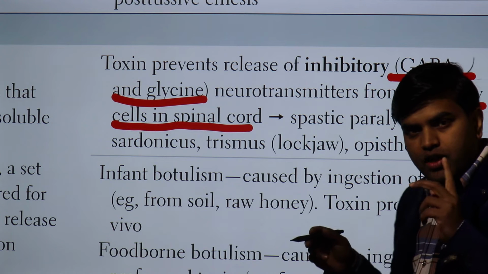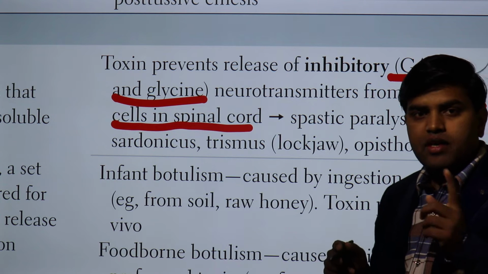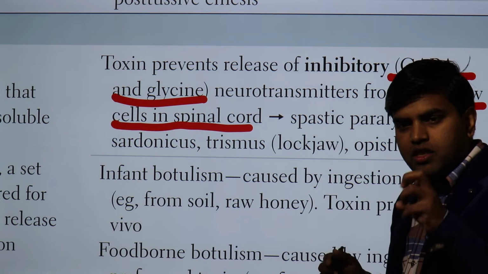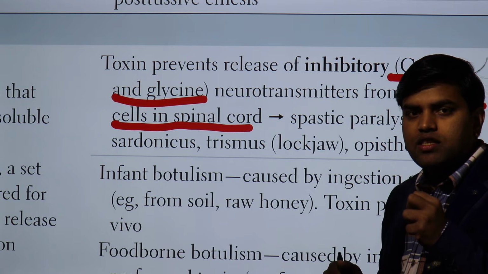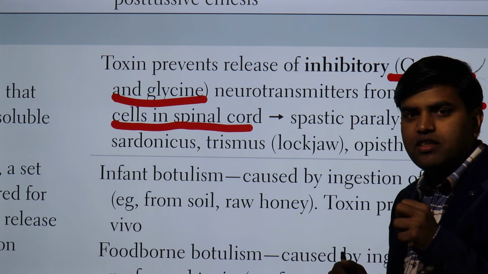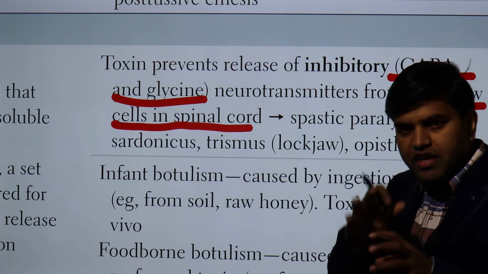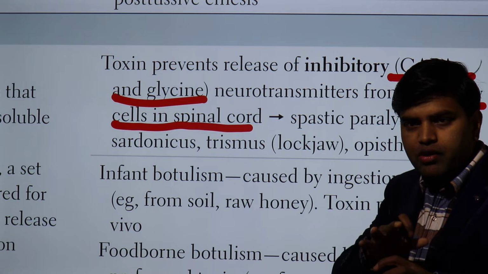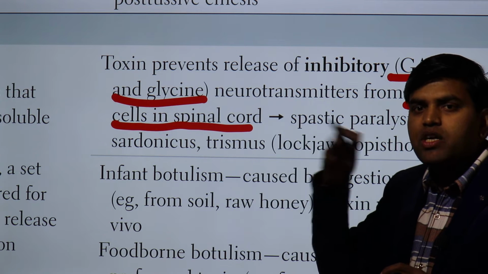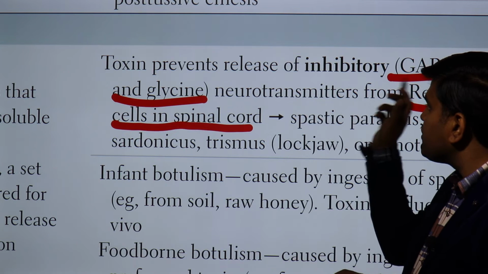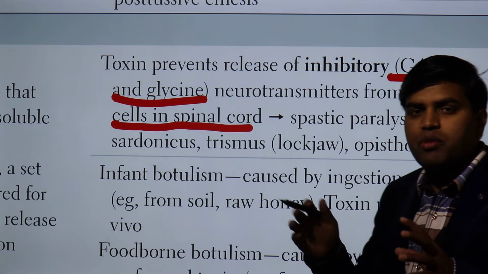You have to know the difference between spastic and flaccid paralysis. Spastic is tight: the tone has increased because the contraction has increased. The upper motor neuron, which was always trying to suppress and control your lower motor neuron, has now been cut off, because the inhibiting GABA and glycine are not present there.